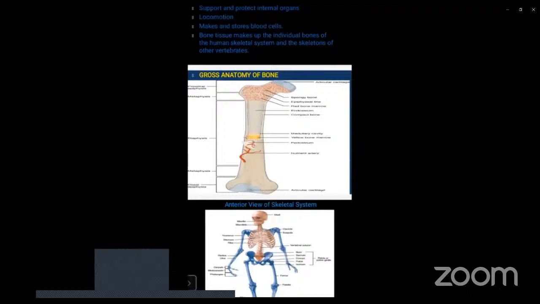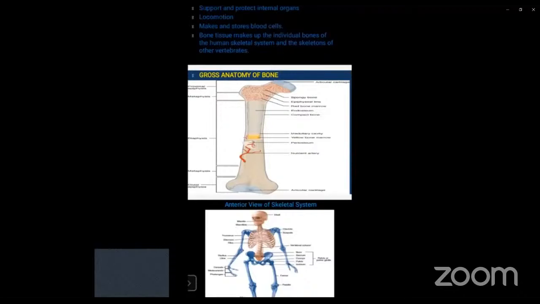Here they have mentioned distal epiphysis. Distal means the bottom of the bone, and proximal epiphysis means the top portion of the bone. So when we are standing, the distal part will be near the ground, and the proximal epiphysis is just opposite to the ground.